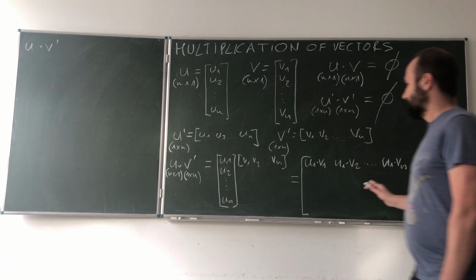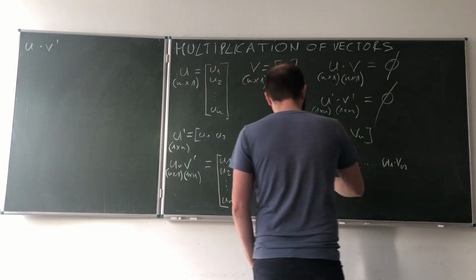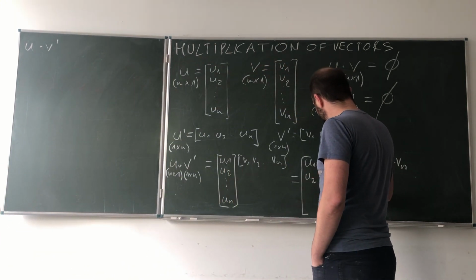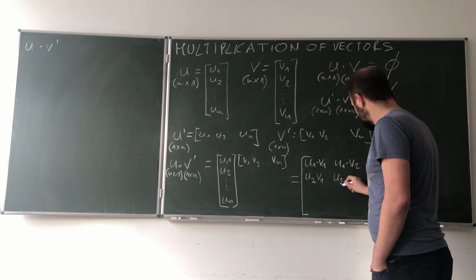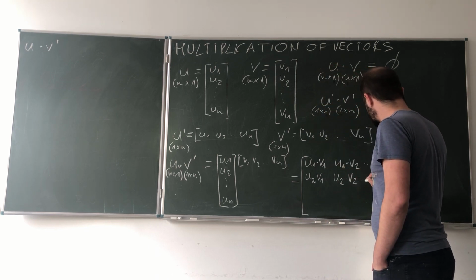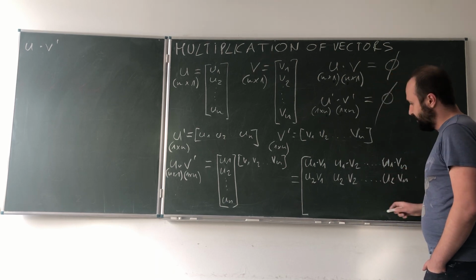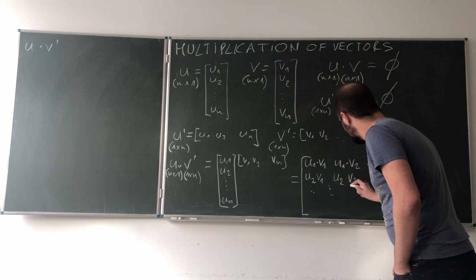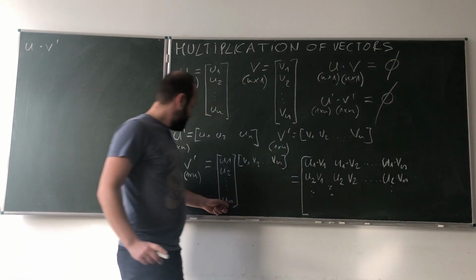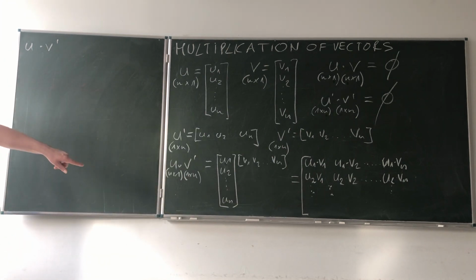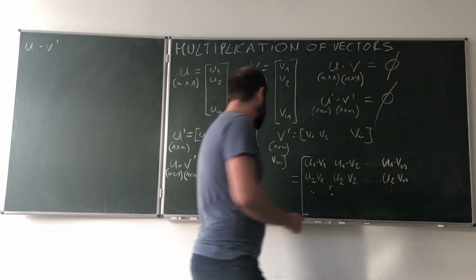And now I need to just do the same thing, but for the second row. So I will have here u2 v1, u2 v2, u2 vn. And of course, we would be going like this until we arrive at the last element in vector u.